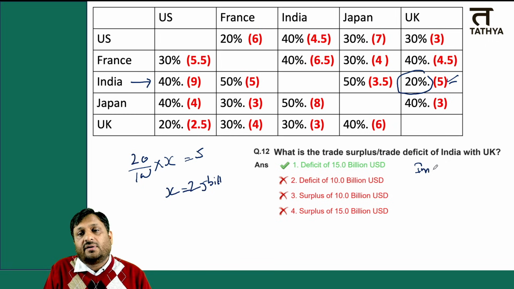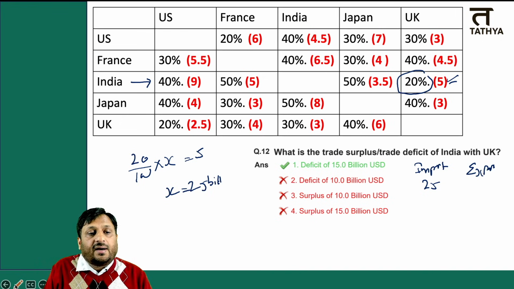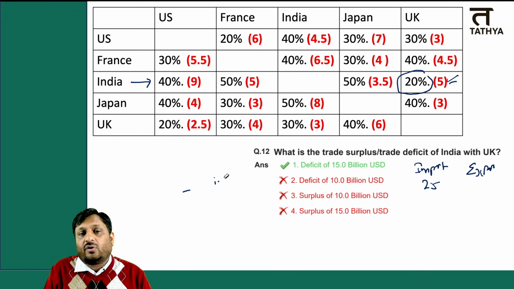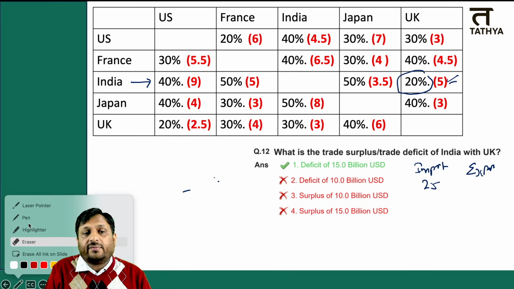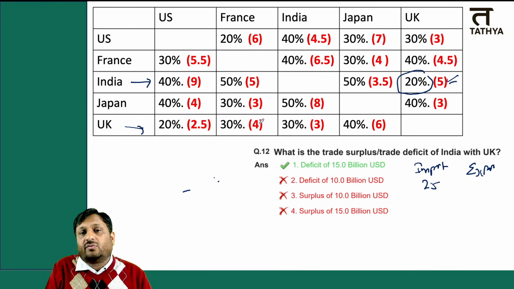So import is $25 billion. Okay. Now, how much is India exporting to UK? Again, whatever India is exporting, UK is importing. So, how much import duty is the UK charging? The UK is charging around 30% import duty. So, 30% of total import from India, that is Y, is equivalent to $3 billion.